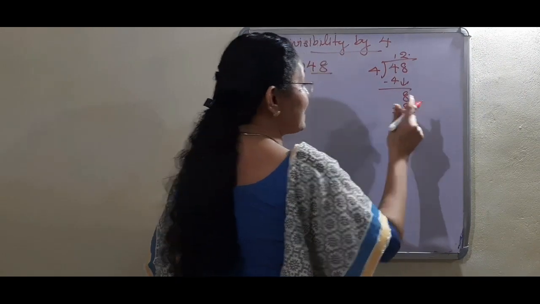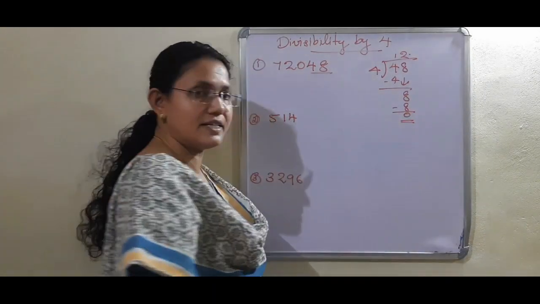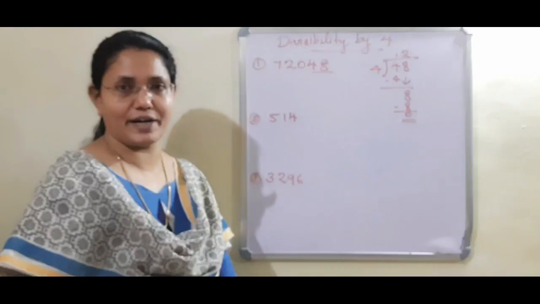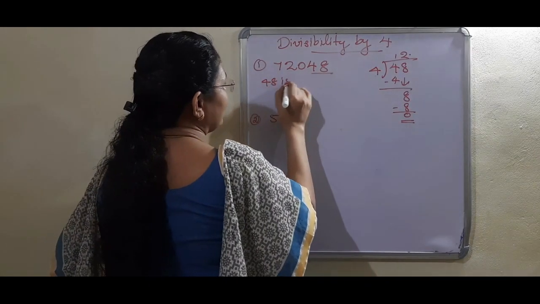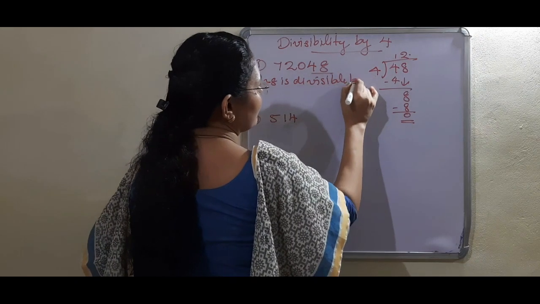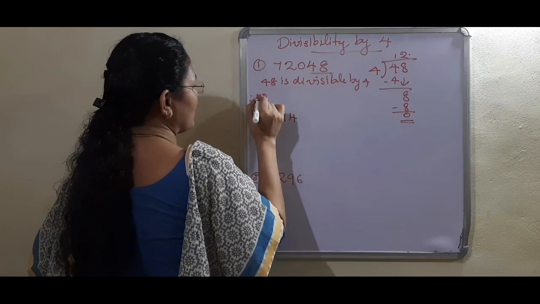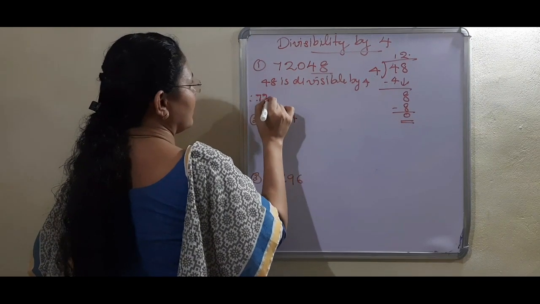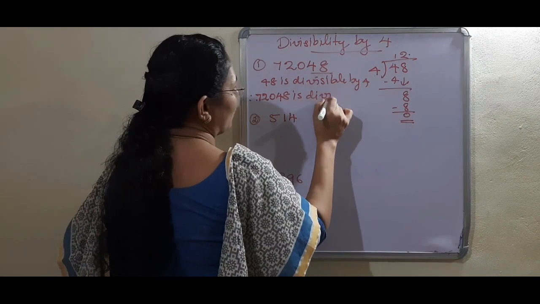Now it is completely divided. Completely divided means the remainder is 0. Therefore, we can say 48 is divisible by 4. Therefore, 72,048 is divisible by 4.